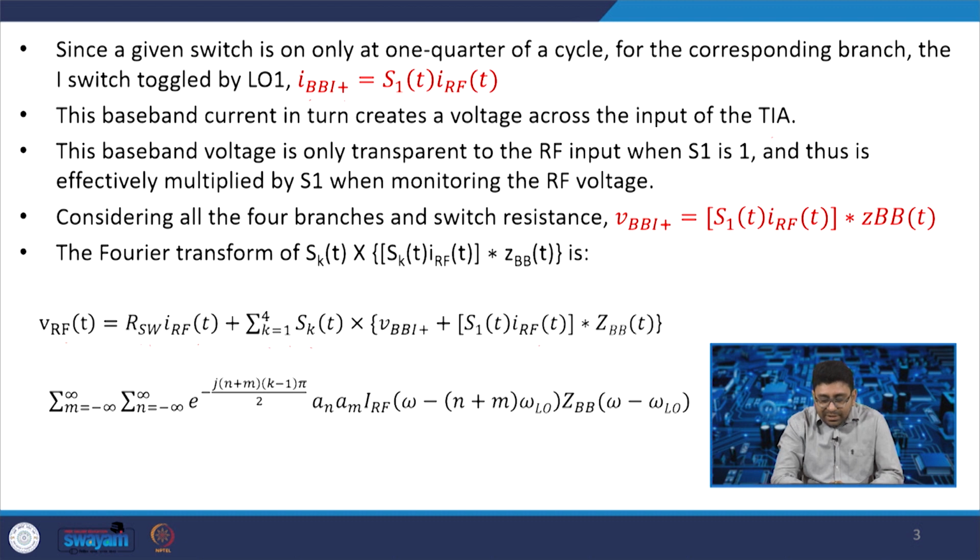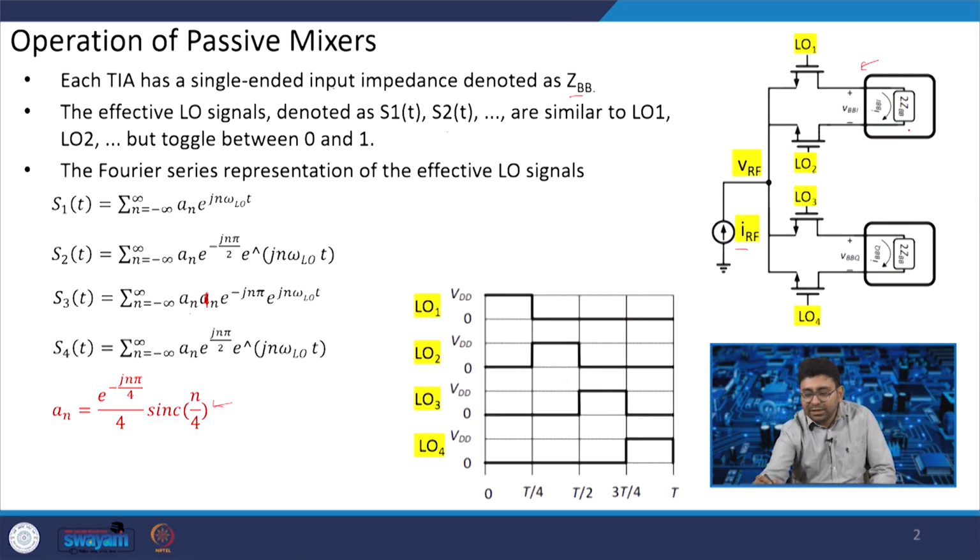So, what it represents is that at the input side, if we consider the impedance at this point, V_RF, it will be nothing but the up converted version at the LO frequency omega LO.